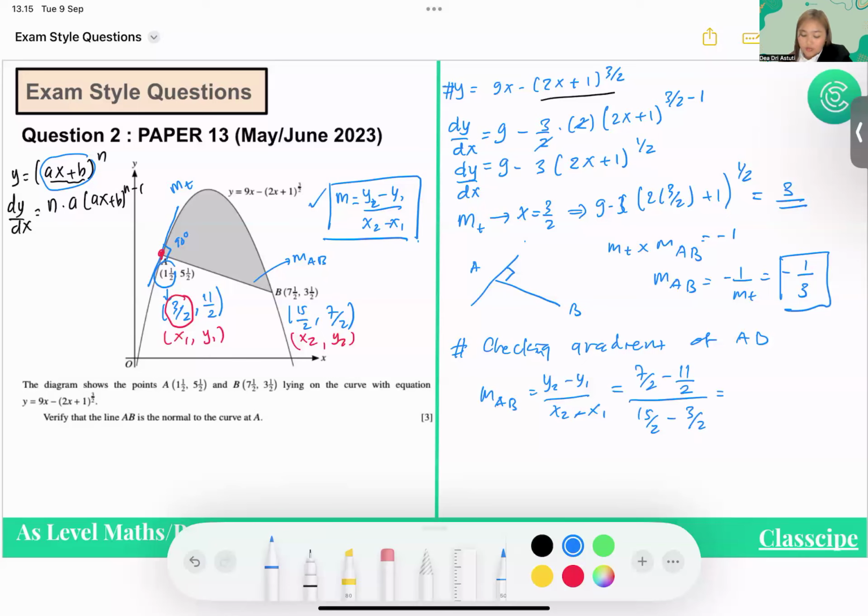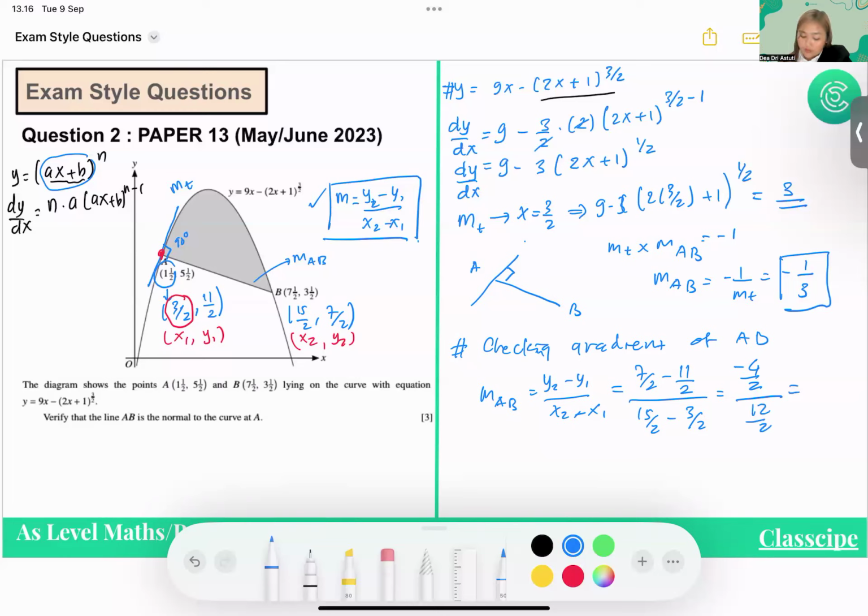Up here, 7 minus 11 is -4, so -4 over 2, over 12 over 2.